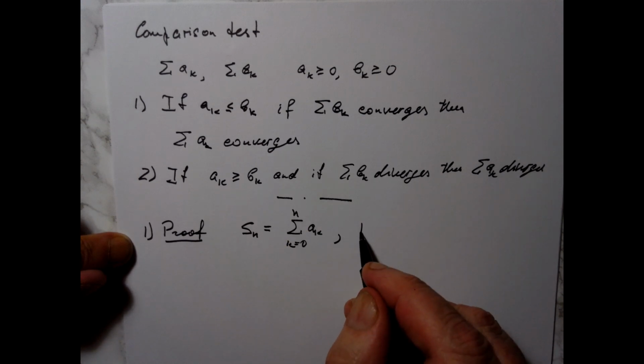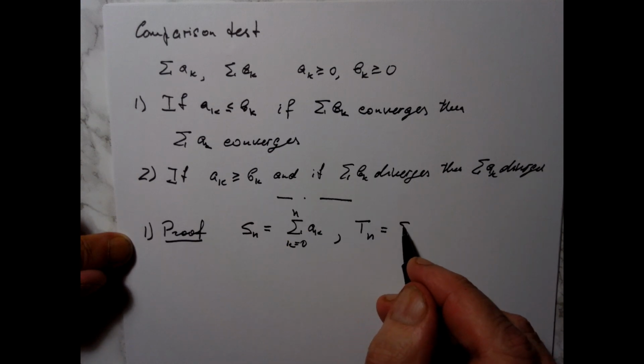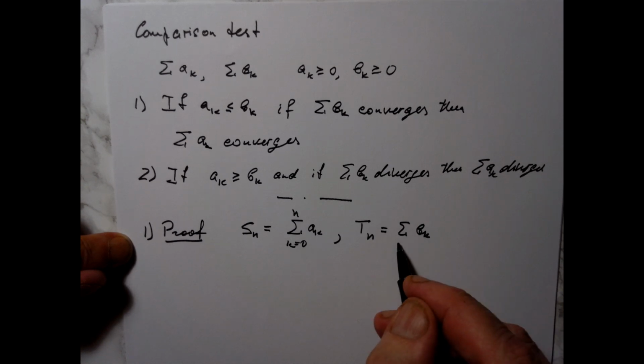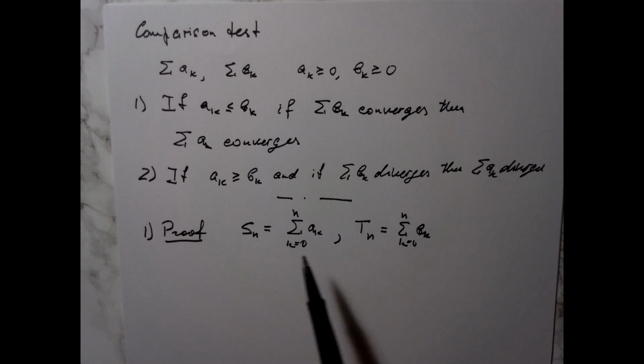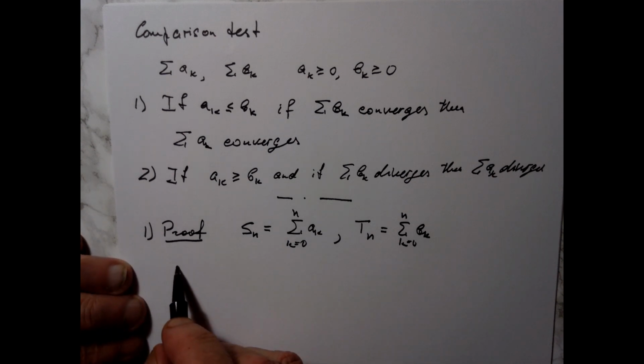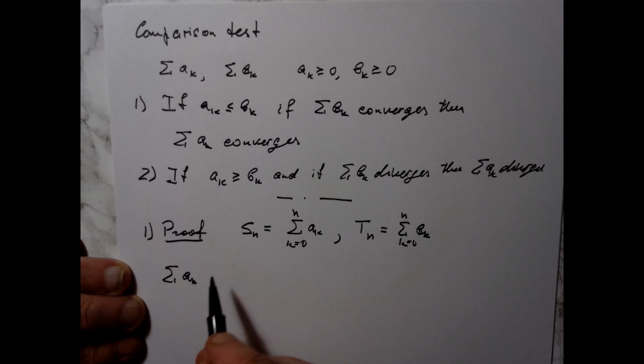And let's suppose again that Tn are the partial sums for the second series, Bk, k from 0 to n. Now remember that both of those series have positive terms, so to conclude that one of the series converges, all you have to do is to conclude that the sequence of partial sums is bounded. So let's suppose that the series AK converges.